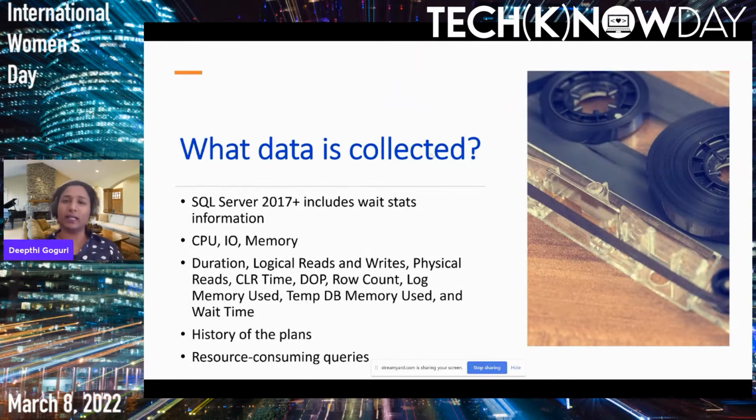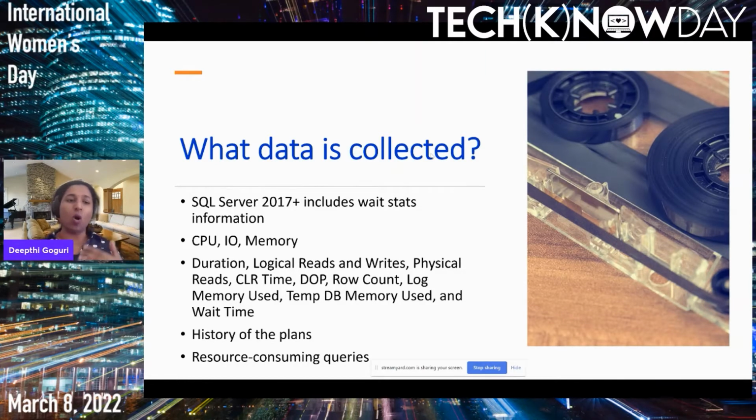So what data is collected by the Query Store? SQL Server 2017 and plus, they have included the new wait stats information. So when you are in SQL Server 2016 and using Query Store, you do not have that wait stats information.